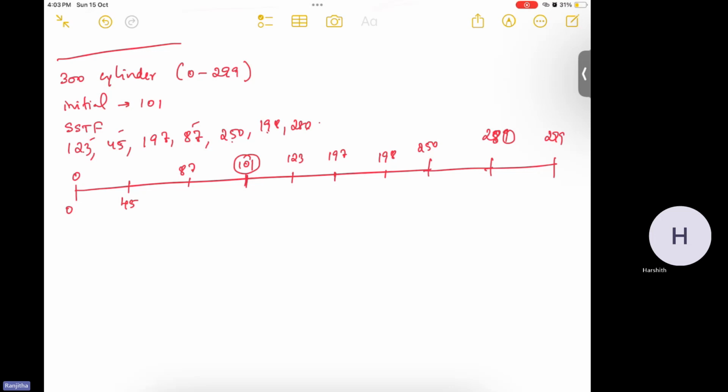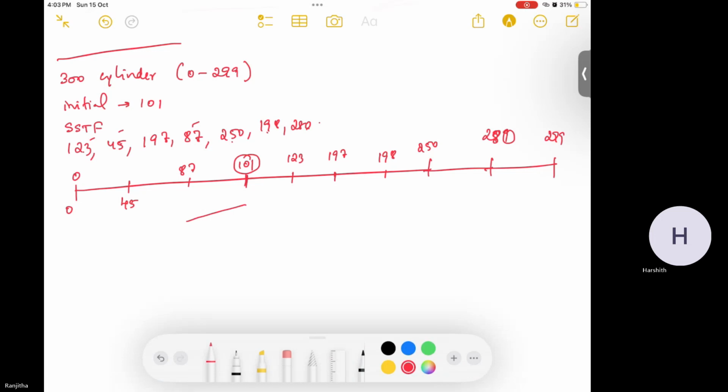Yeah, it is 14. So 101 to 87 is 14. Whereas 101 to 123, it is 22. So 87 is closer. 101 to 87 is short. So we traverse 87 first.